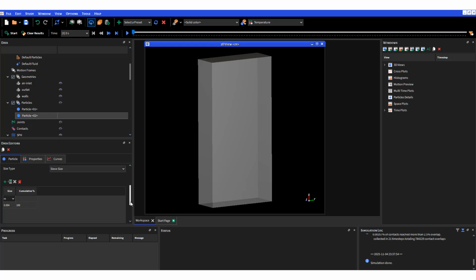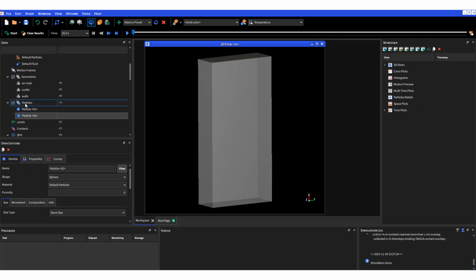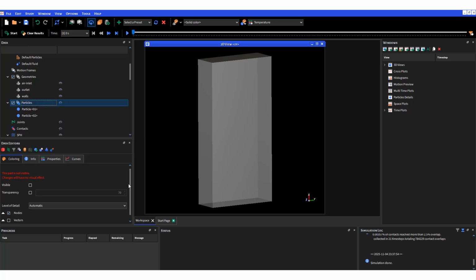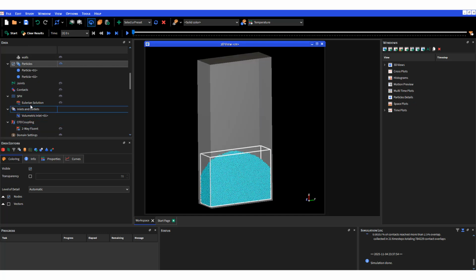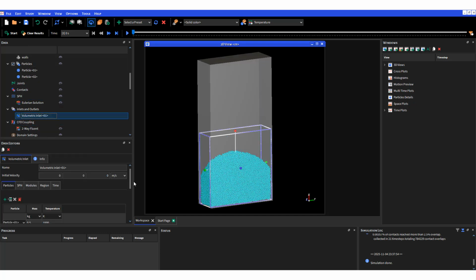So we have two different particle sizes in our simulation, and this allows us to visualize. I'm going to click this so we can visualize where the particles are. This is how they are added into the simulation using a volumetric inlet, which I can go to right now.